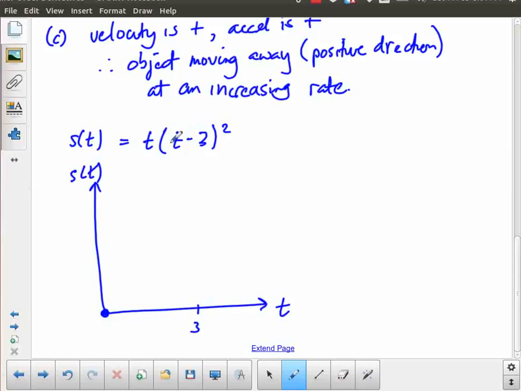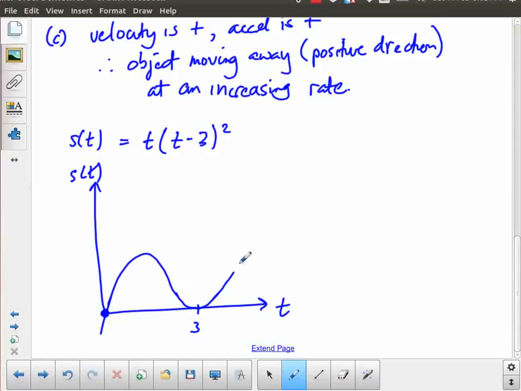And I'm going to do my interval table in my head. I know that at t equals 0, when t is equal to 1, well, this is always positive. So what's going to happen is this is going to go through here like a linear, and it's going to meet here like a quadratic. So it's going to look like that. And so to join those up, we end up with something like that.